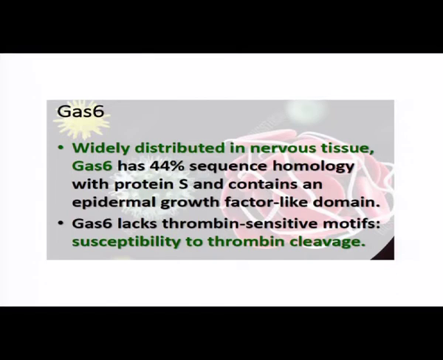So, they lack the thrombin sensitive motif. Suppose if you had this motif, thrombin could go and cleave this protein and initiate the process. But since they lack it, their susceptibility to thrombin cleavage is eliminated.